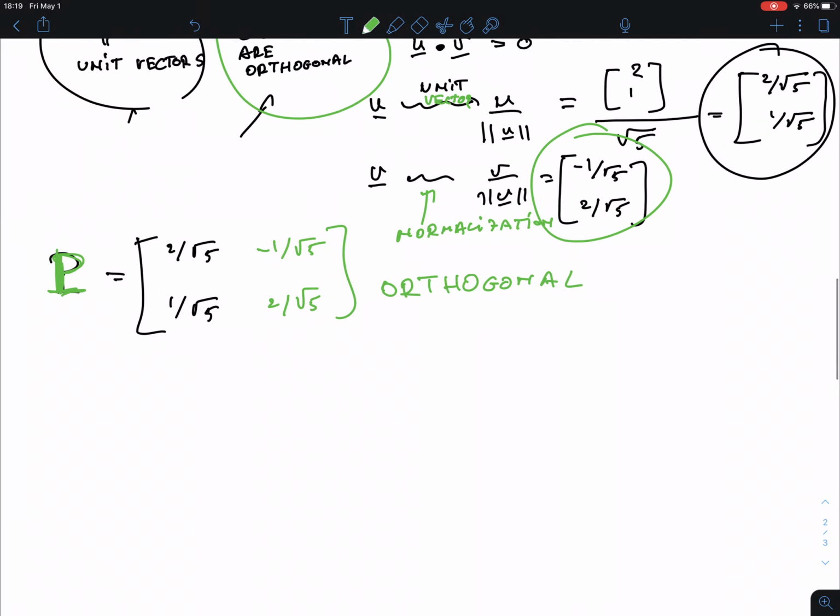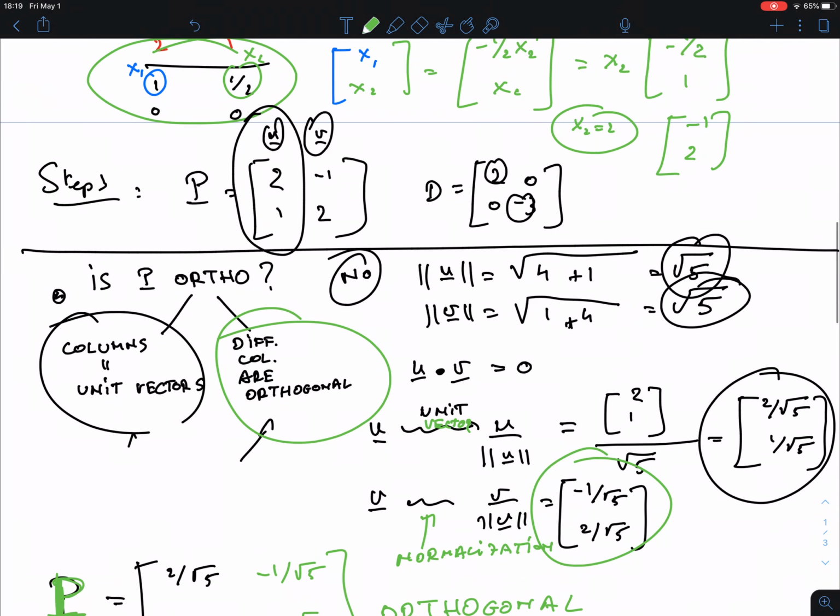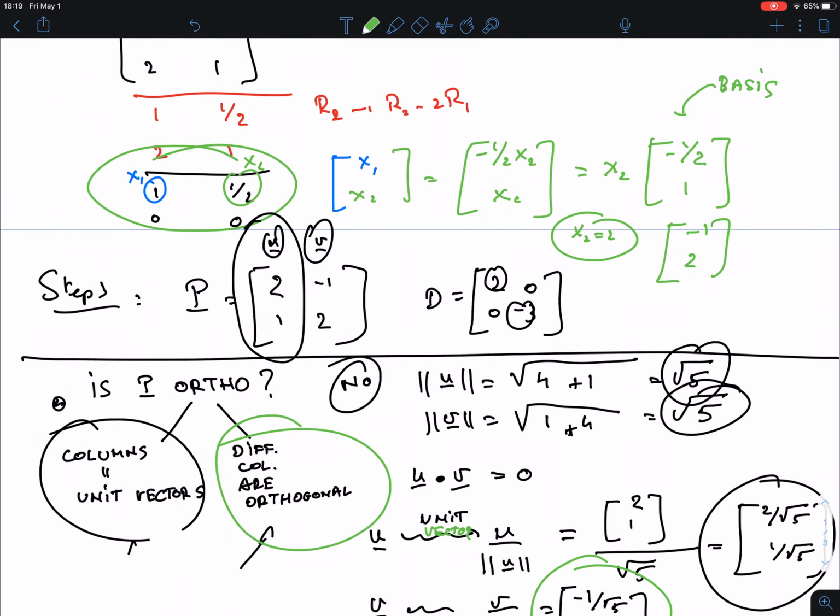So what you do is you do the usual thing, and at the very end, instead of building P using your basis, you take the basis, but you then normalize these vectors and then put them in the matrix. Okay, I'll do it on an example. Let's see.